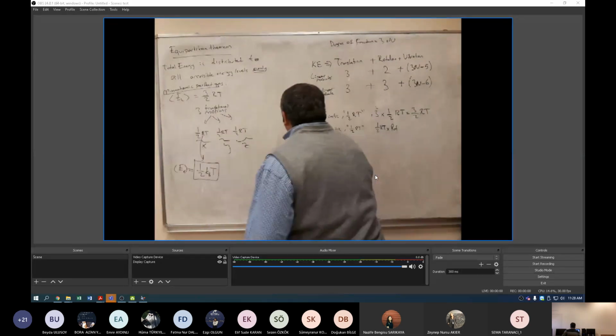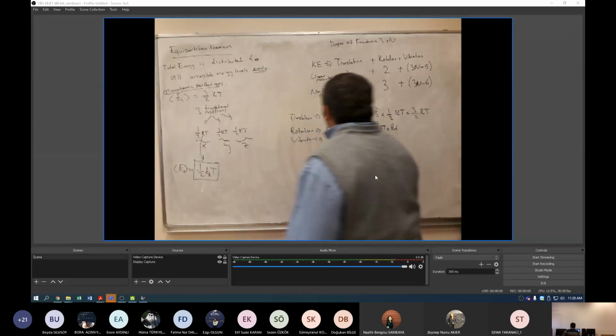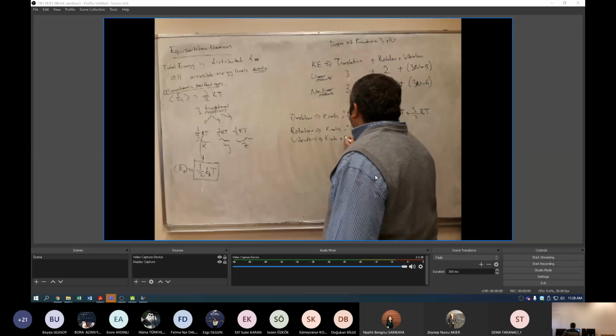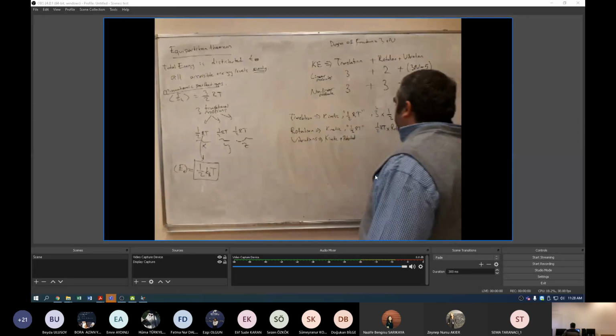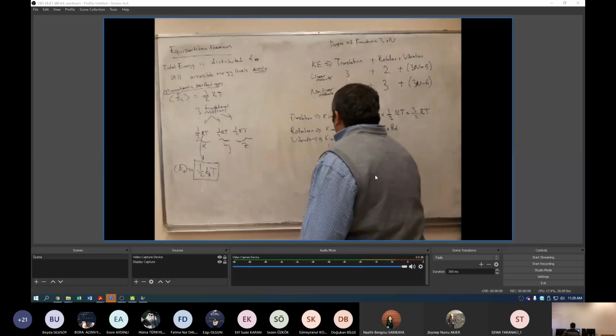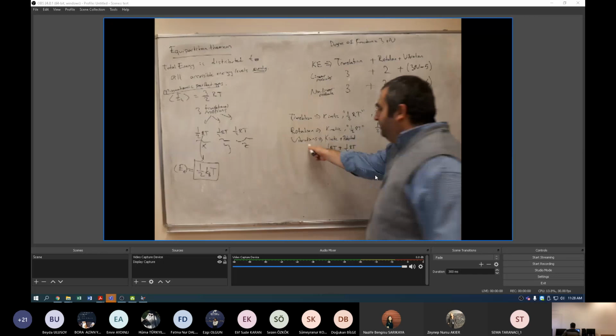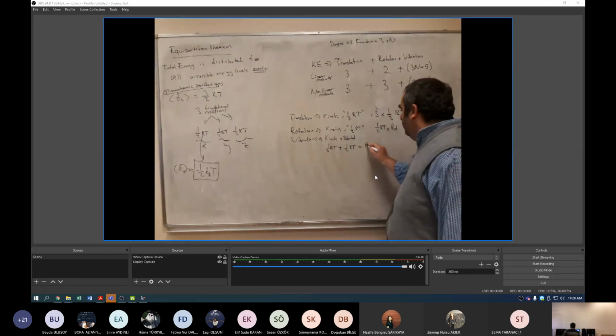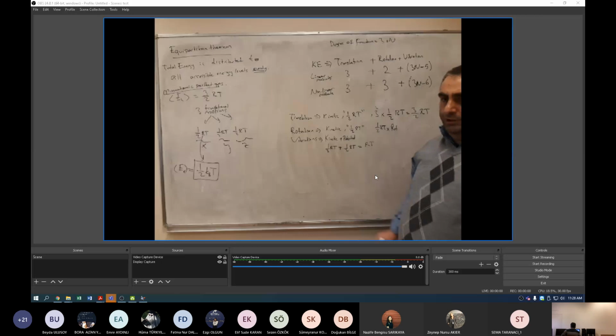For vibrations, there is one term for kinetic energy, and there is one term for potential energy. So for each one, 1 over 2 RT contribution exists. So for each vibration, there is actually one RT contribution.